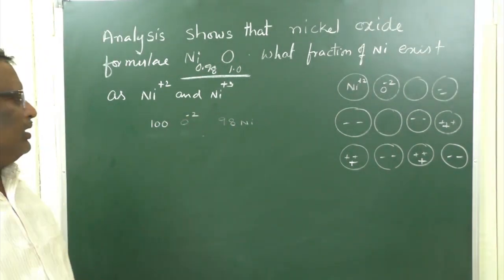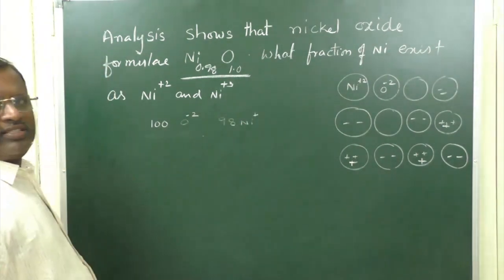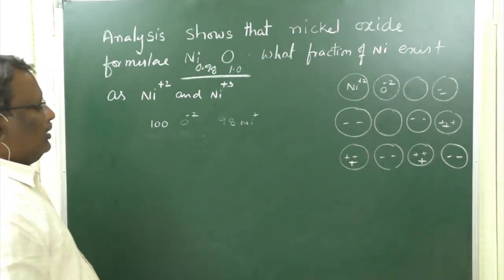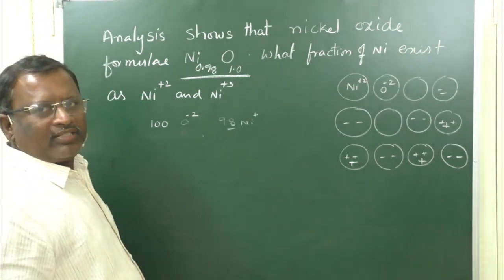So, let x Ni plus 2 ions be converted into plus 3.